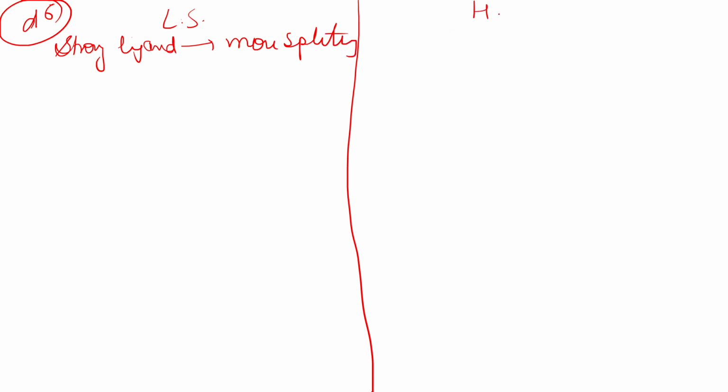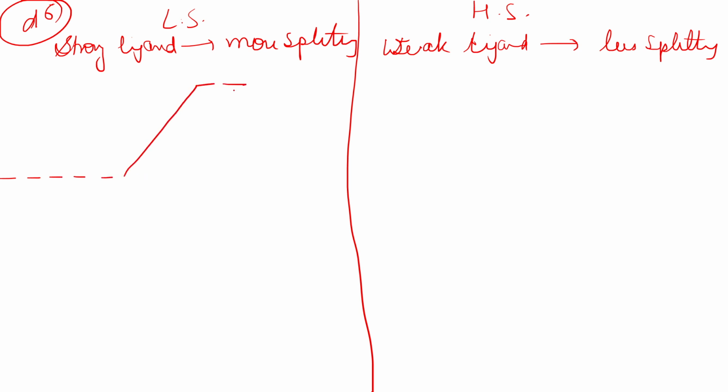Other side I'll draw a high spin complex, that means a weak ligand with less splitting. In the case of low spin complex, there is more splitting. In the case of weak field complex or weak ligand, there is less splitting.